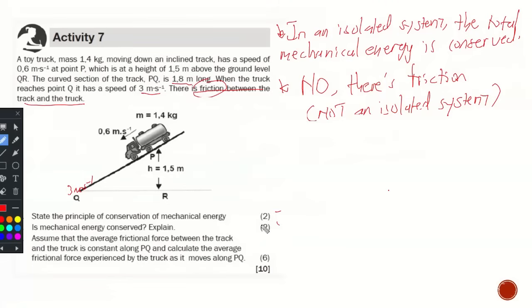Let's now get to the main question. They say, assume that the average frictional force between the truck and the track is constant, so it doesn't change, and calculate the average frictional force experienced by the truck as it moves along PQ. Calculate the what? The average frictional force. Now, this is what we are going to do. Okay, so very nice question right here.